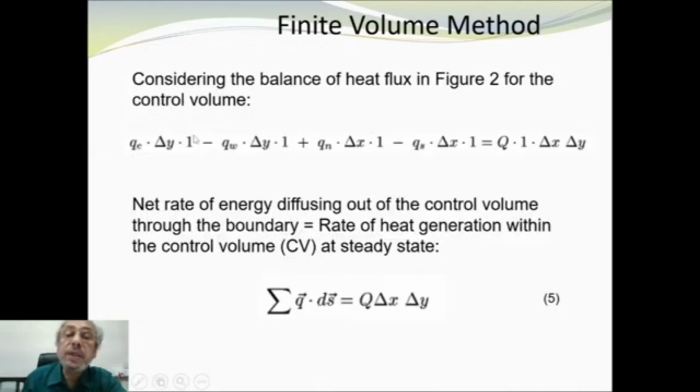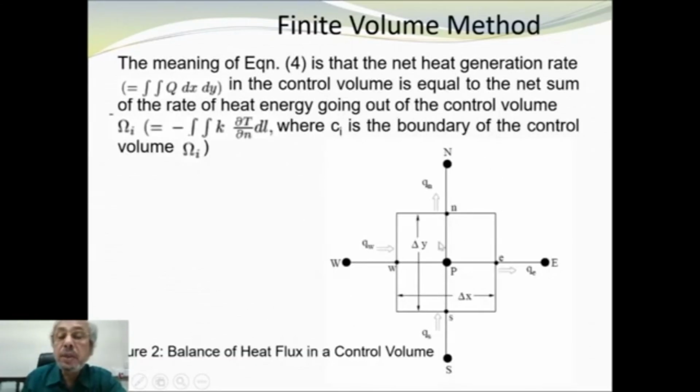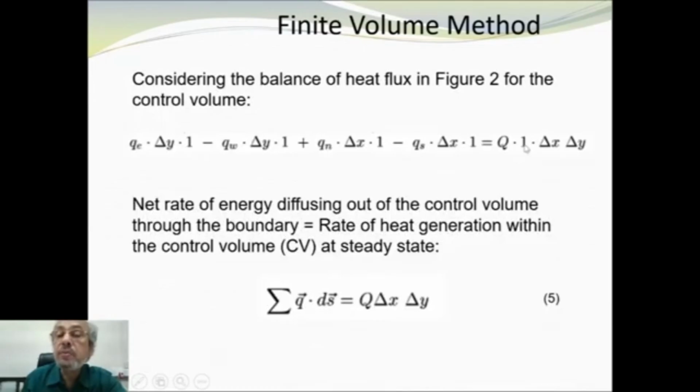So we have written that, and then Q, the heat generation rate per unit volume, into the total volume, that means 1 into delta X into delta Y. The net rate of energy diffusing out of the control volume through the boundary.